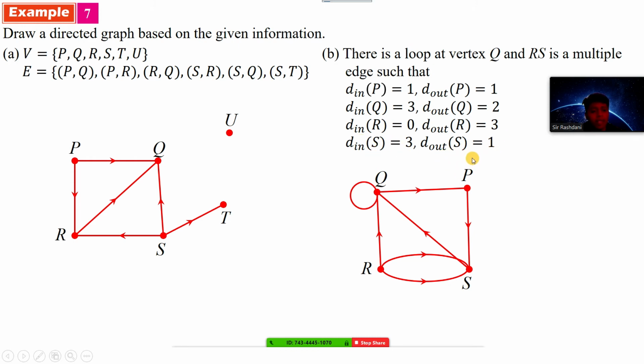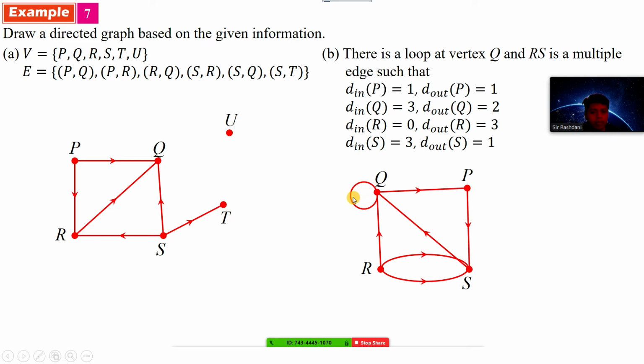In this question we need to state the vertices first. We know that the vertices are P, Q, R, S. The second step is we need to sketch the loop and the multiple edges first. So RS is a multiple edge, and then the loop.